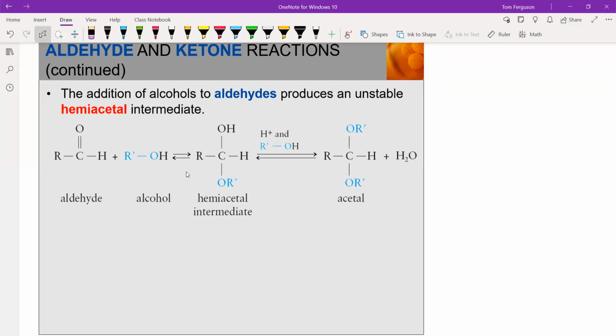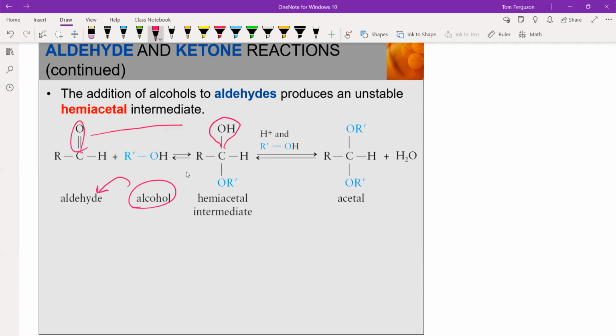Okay, if there's an alcohol around, the alcohol and aldehyde can form a reaction where they become a new molecule together. The alcohol converts the carbonyl group to an alcohol.